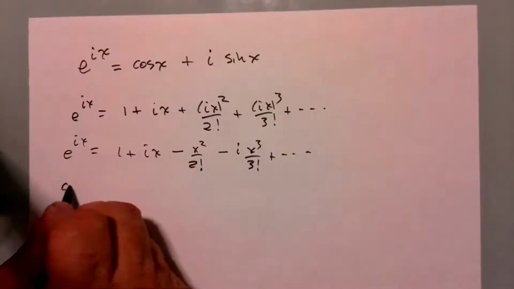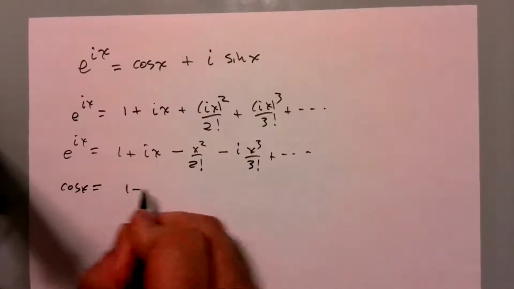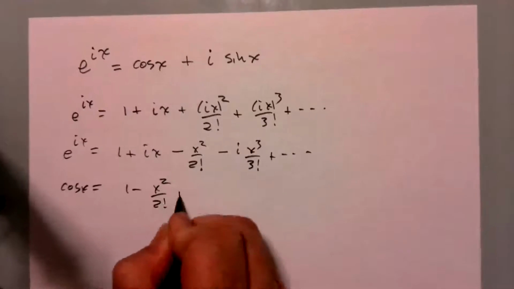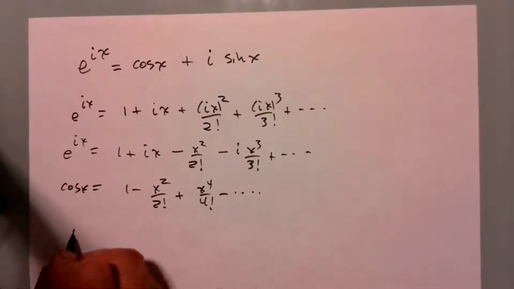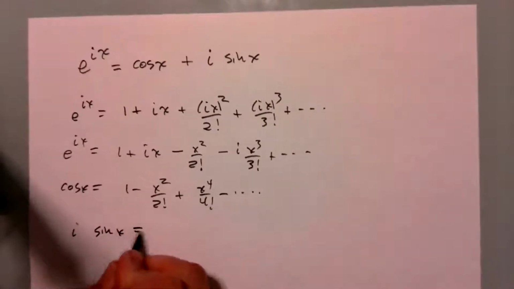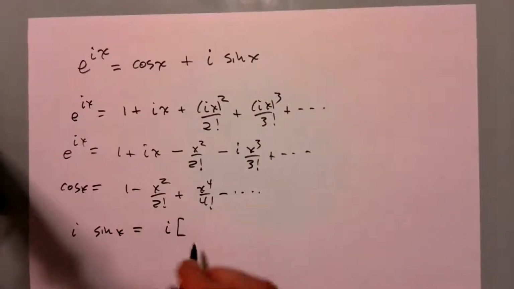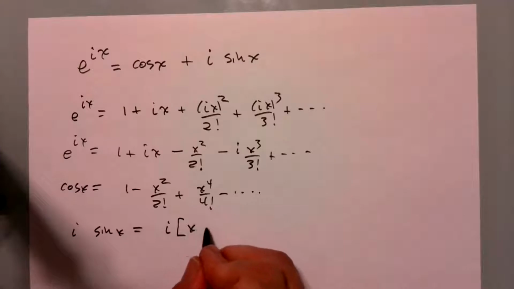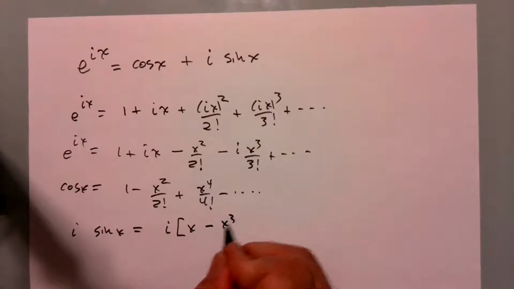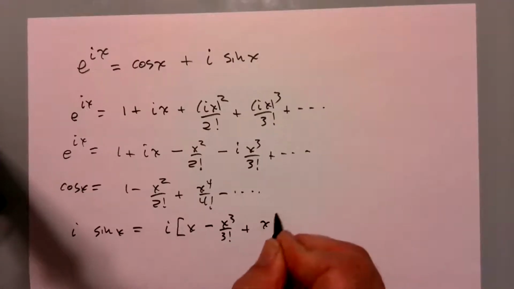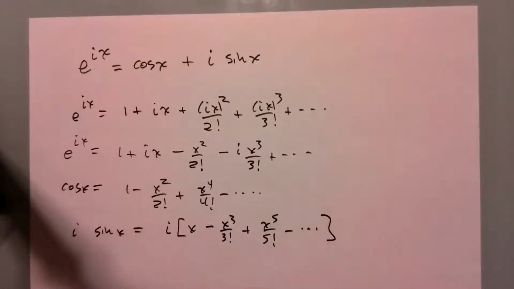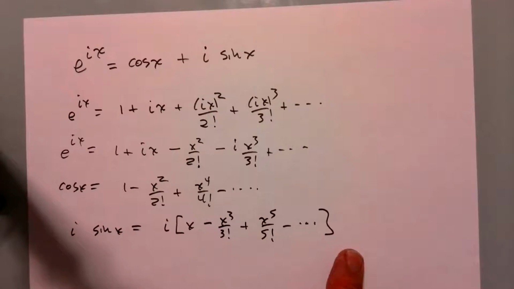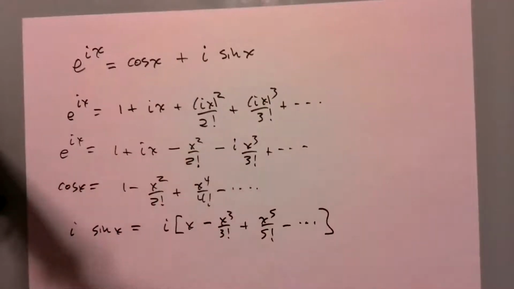Cos x is 1 minus x squared over 2 factorial plus x to the 4th over 4 factorial minus ... And i times the sine of x is what? It is i times the odd powers, x minus x cubed over 3 factorial plus x to the fifth over 5 factorial minus dot, dot, dot. So see if you can convince yourself cos x plus i times the sine of x will equal e to the ix.